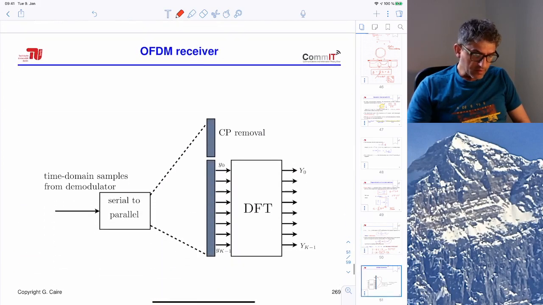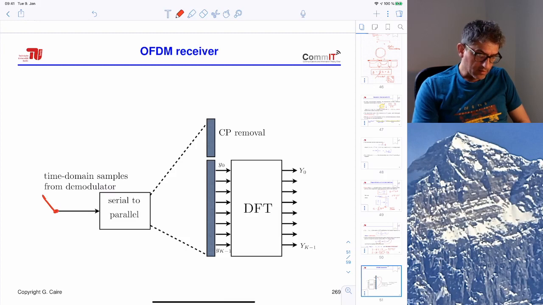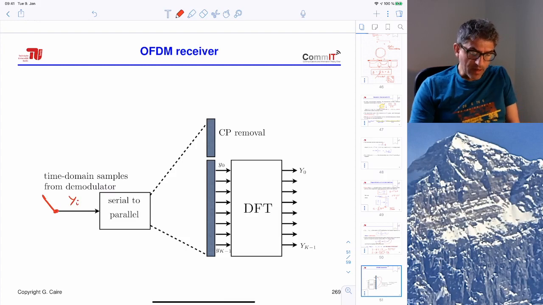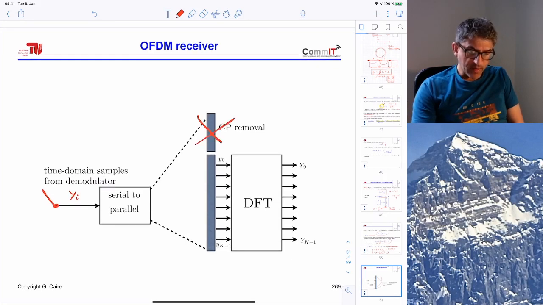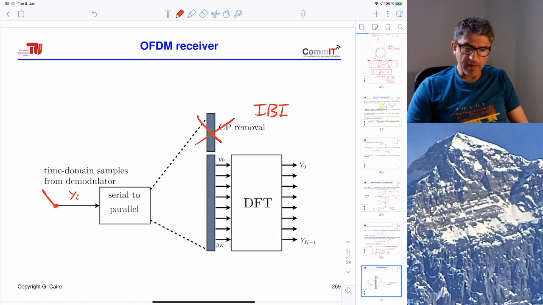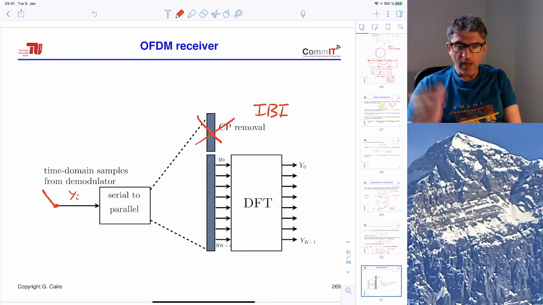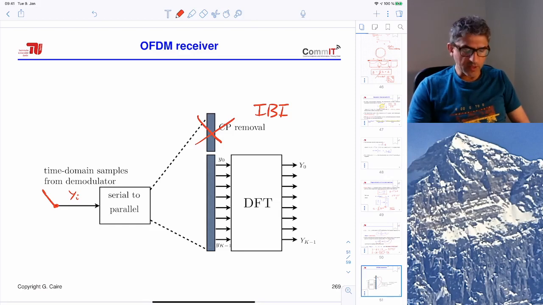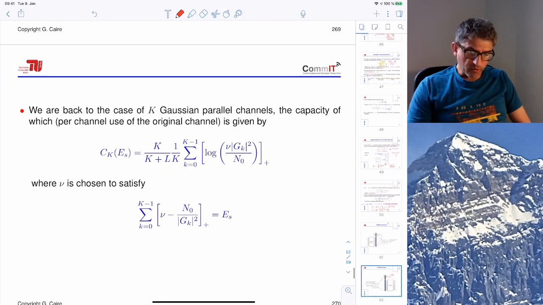And the OFDM receiver, where we have a sampler here that produces the YIs, we convert serial to parallel, we remove the interblock interference or cyclic prefix portion, and then we apply DFT to go from time domain to frequency domain. And this whole operation reduces the channel to a set of parallel channels in the frequency domain for which we know exactly what to do. We know, for example, the capacity formula is going to be exactly what we have.